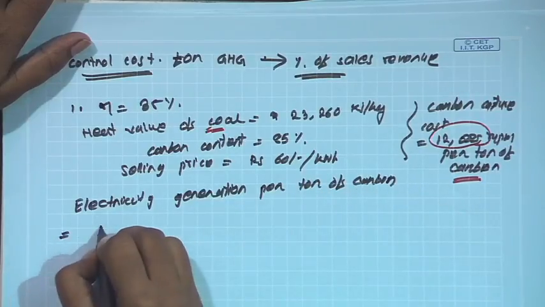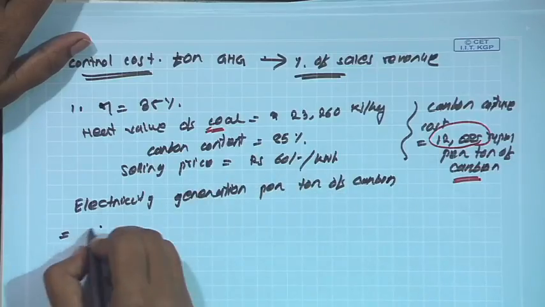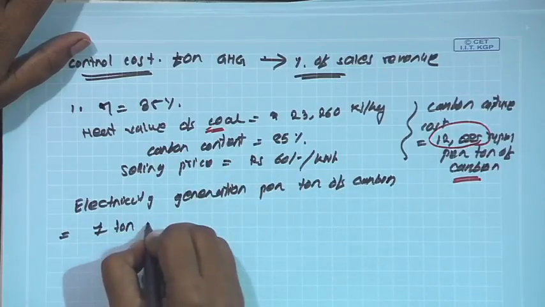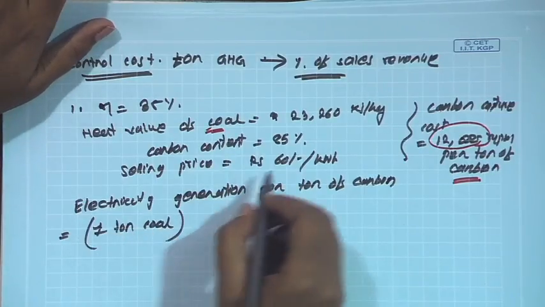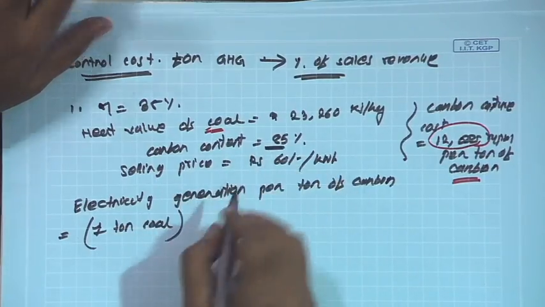is our total. Here we are using 1 ton of coal, and its carbon content is 85%.